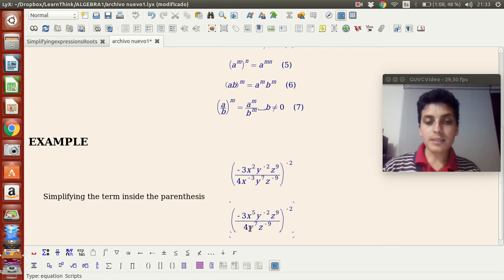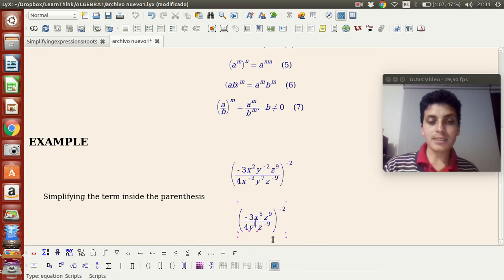Let's see, y to the 7th and y to the negative 2. As this is negative and usually answers should be written without negative exponents, I'm going to move y in the numerator to the denominator. So I'm going to subtract negative 2: 7 minus negative 2. So this is 7 plus 2, that is 9.